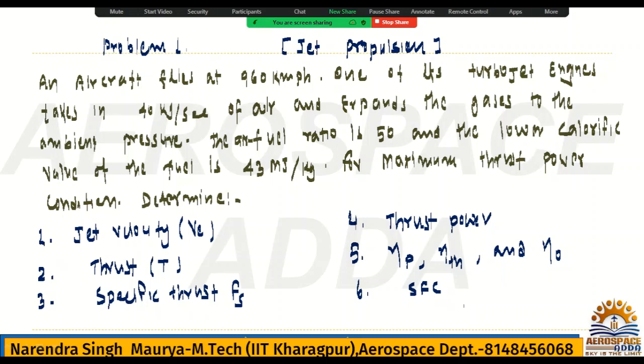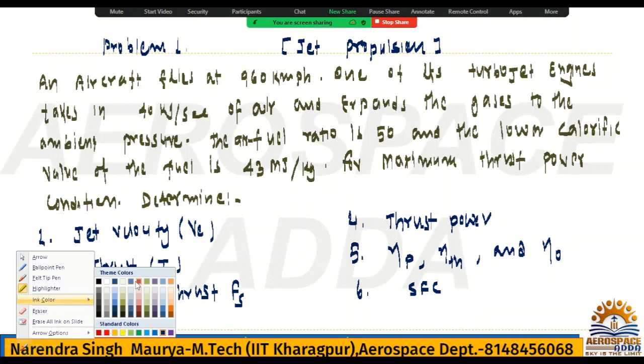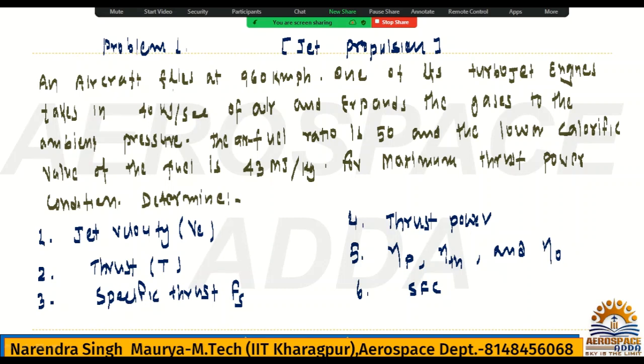First we have to find what values they have given, because that is very important. So see, the aircraft flies at 960 kilometer per hour. So this is V infinity, which is also called aircraft flight speed. As per our notation, it is V infinity. I told you free stream velocity is also aircraft speed.